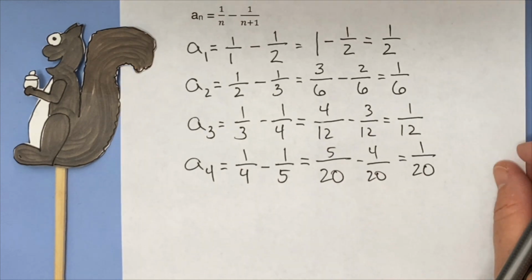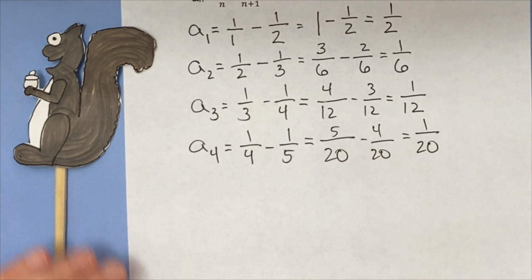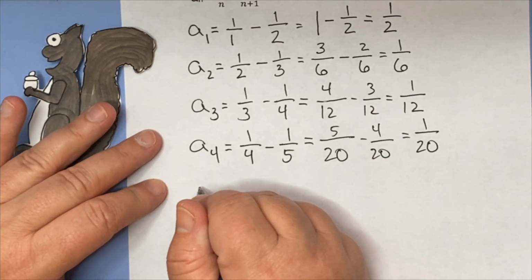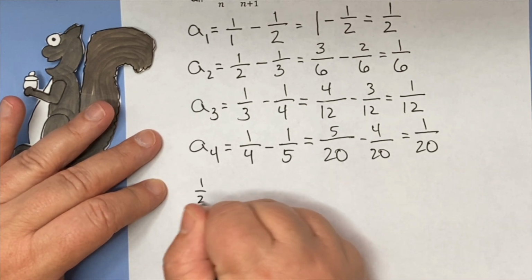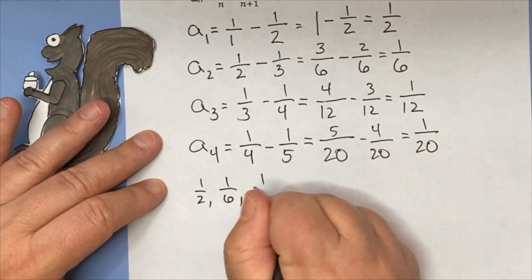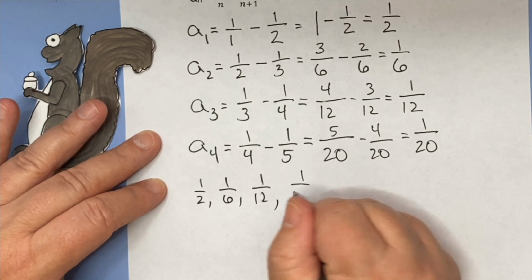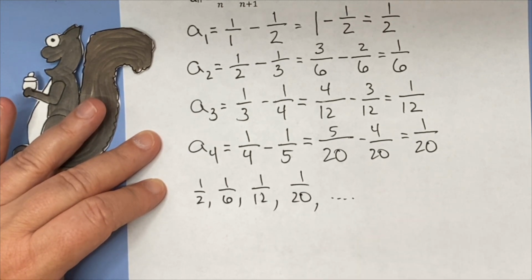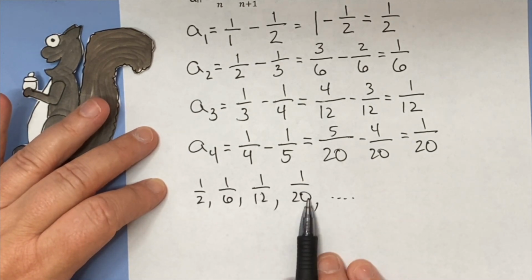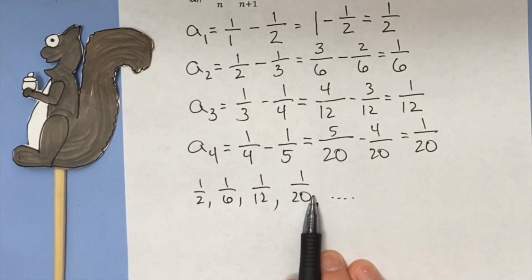Yeah, great, yay, but that's not what it asked for. So our sequence looks like 1/2, 1/6, 1/12, and 1/20, right? And if you do it this way, your life will be not so fun, because the answers are going to be kind of random.